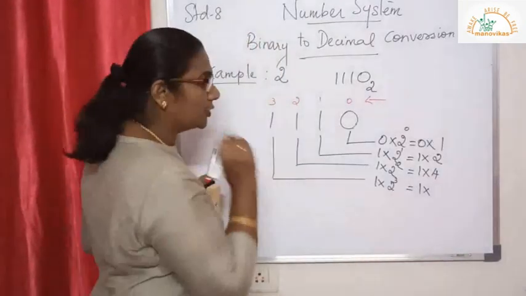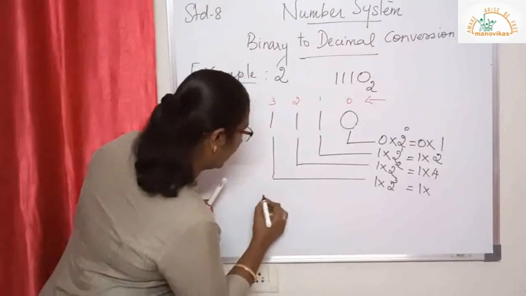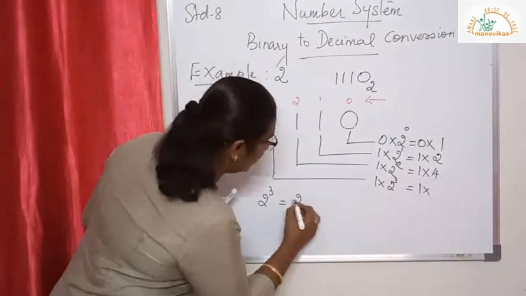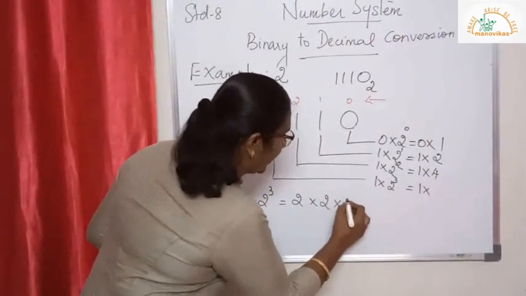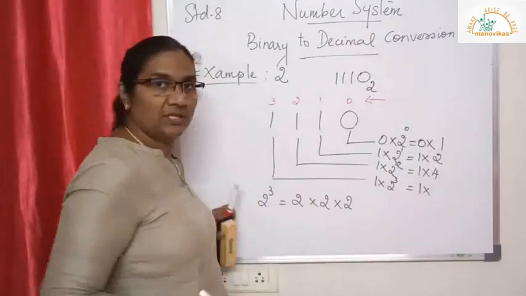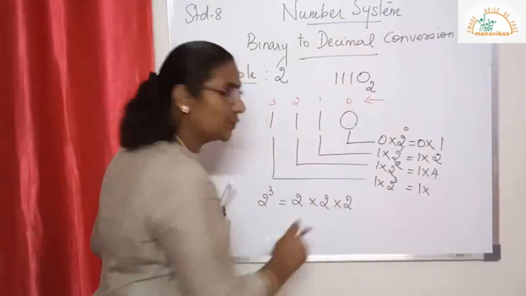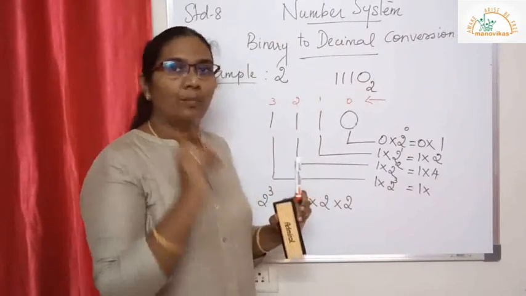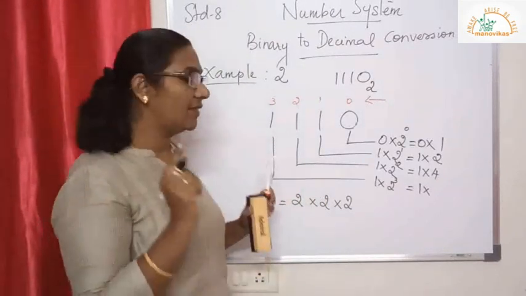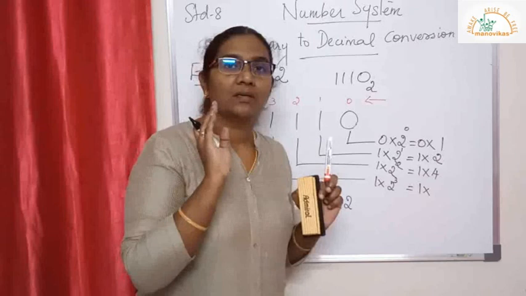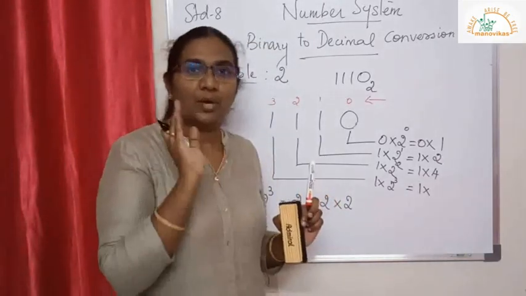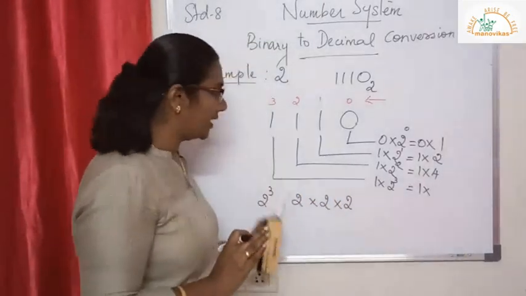That is, 2 to the power of 3 means 2 multiplied by 2 multiplied by 2. 2 into 2 is 4 and 4 into 2 is 8. Many children make a mistake here and they say it is 6. Because of that I am just explaining it.